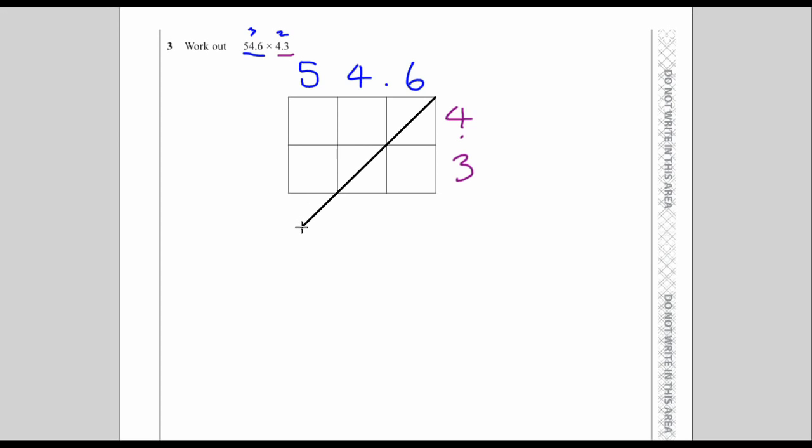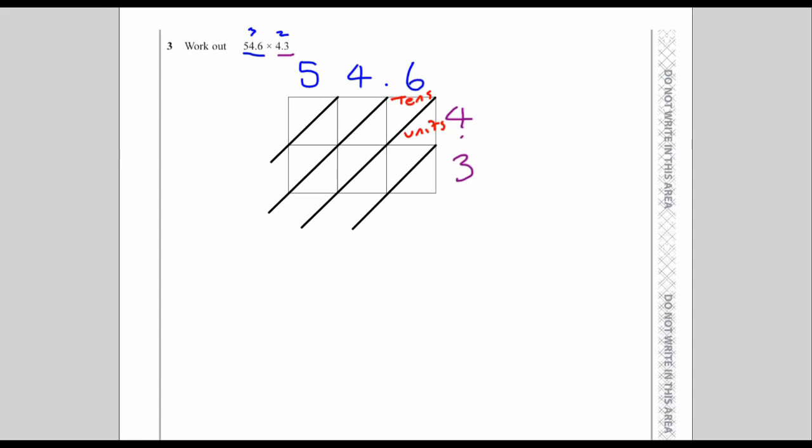And we actually split our grids up to do this method too. So you draw diagonal lines through every single one of your grids this way, and at the top of your grid you've got your tens, and underneath you've got your units.